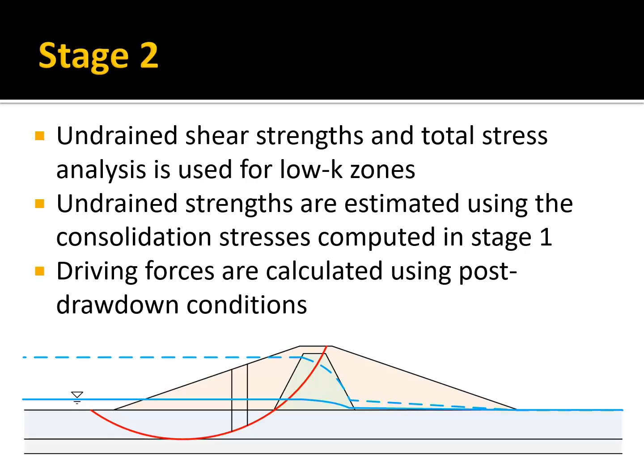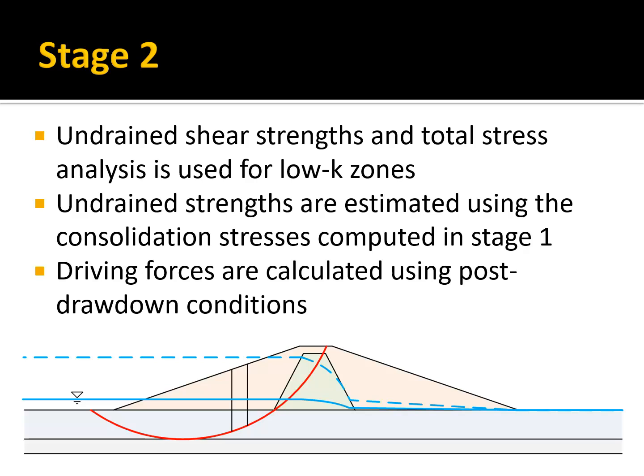So here we are on stage 2. Now the water table, or the pool, has been lowered. The undrained shear strengths and total stress analysis are used for the low K zones.